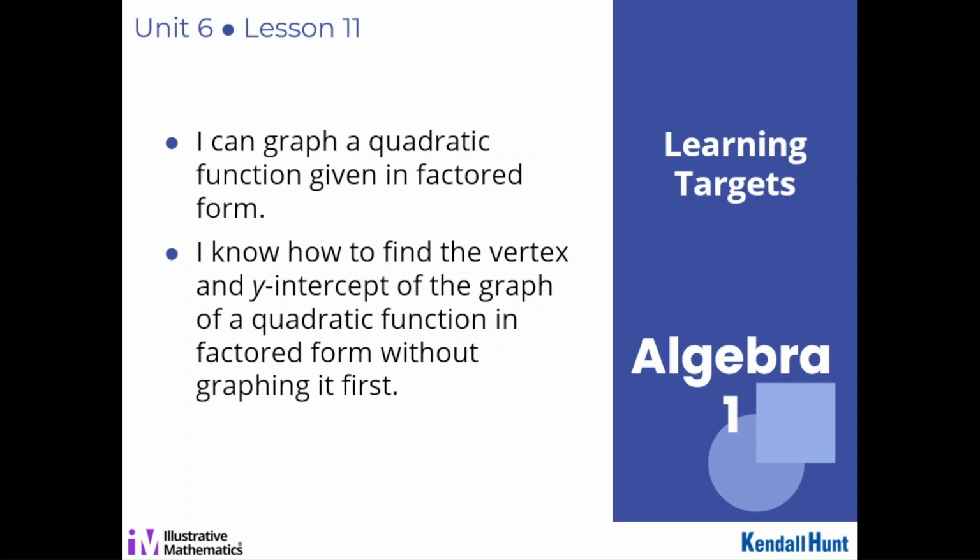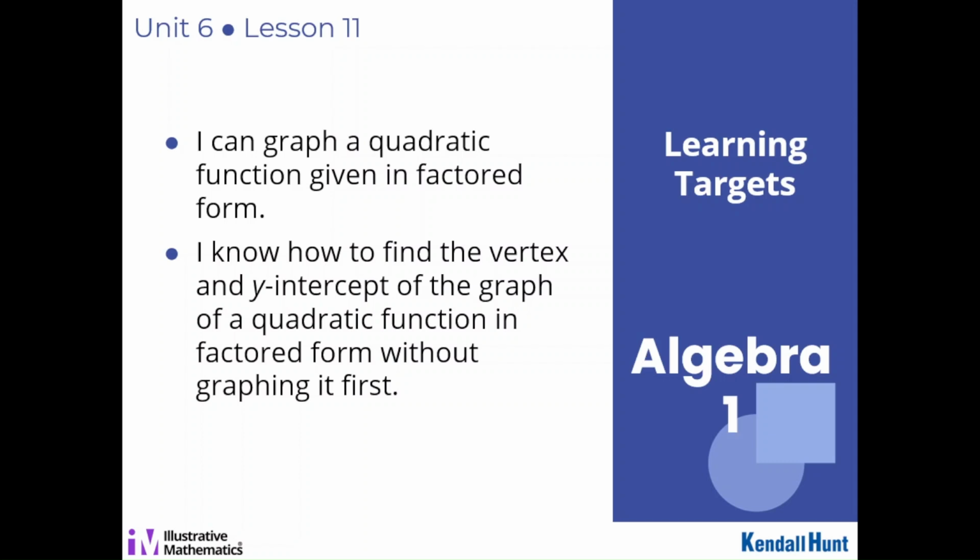To graph the parabola for a quadratic function, you need 3 points. 2 points could possibly be your x-intercepts if the parabola has 2 x-intercepts. Find those by setting each factor equal to 0 and solving for x.